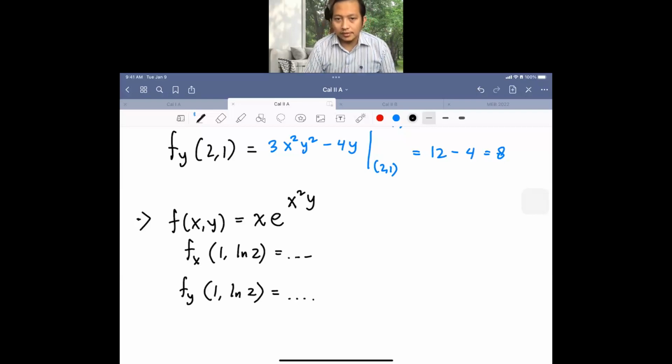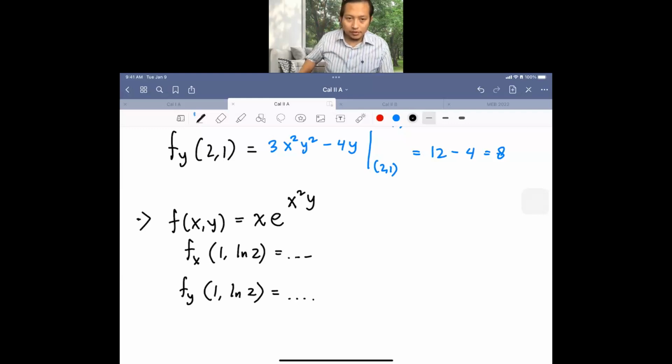But how do we get the e squared? I think it should be just 4 ln 2 plus 2.